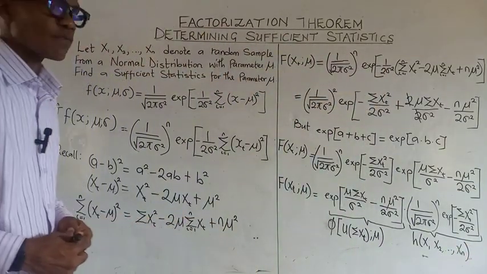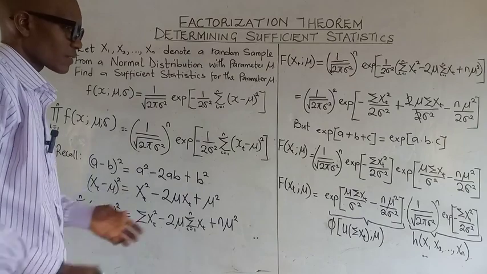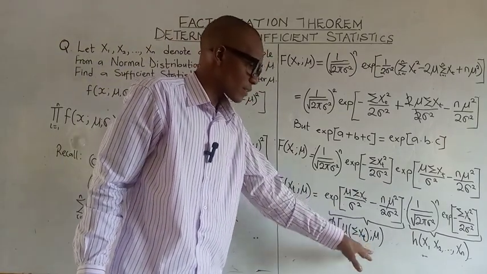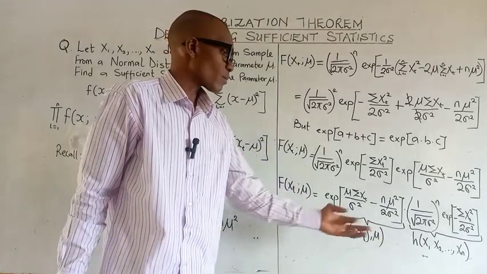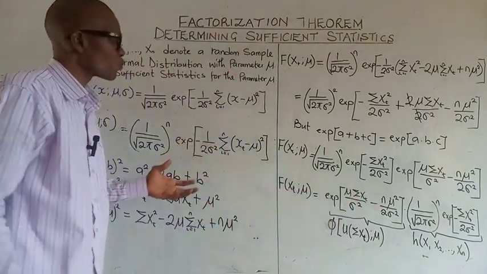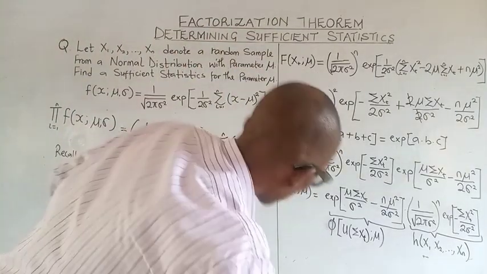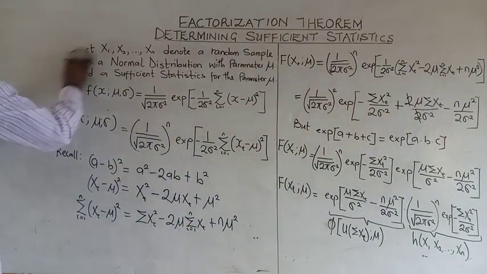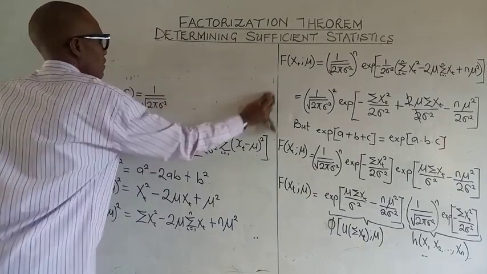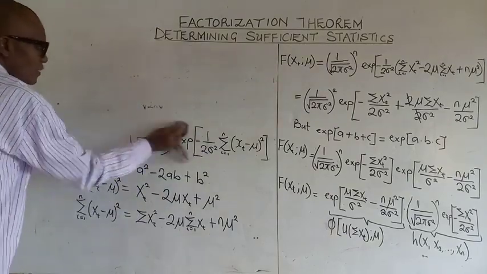So we can say for sure that the summation of x_i is a sufficient statistic for mu, because we have been able to separate them into two components. That is to say, our final answer is already there.